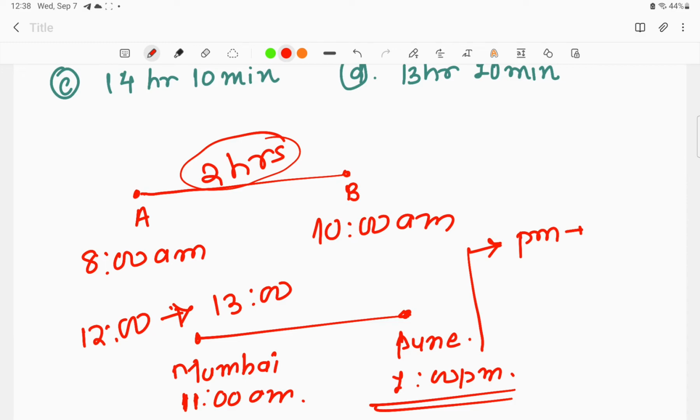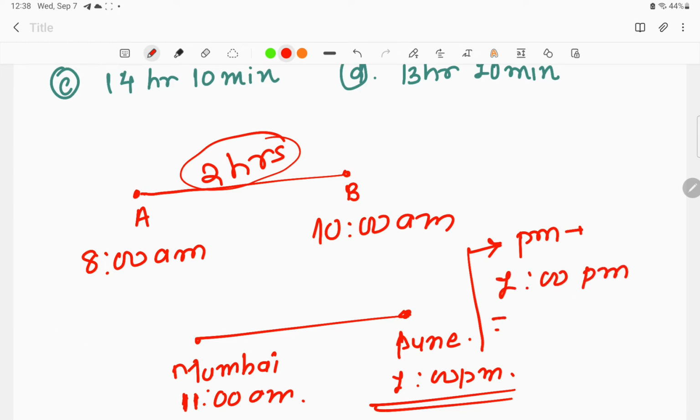So here we must understand that if we write 1 p.m., I can show it like this: 12 hours plus 1 hour, am I right? It means 13 hours, right? Whenever the question comes in PM, the very first thing we have to do is convert it into hours.